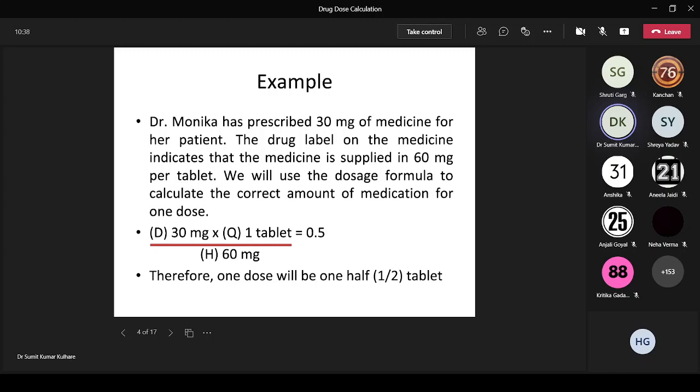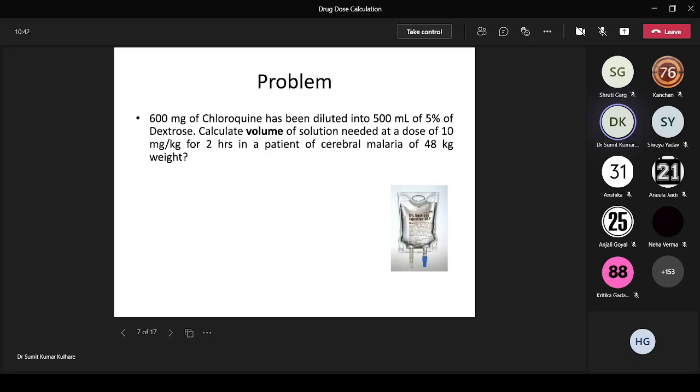Okay. So let's see another example to make it much clearer. Suppose this is a patient of malaria. 600 milligram of chloroquine has been diluted into 500 ml of 5% dextrose.